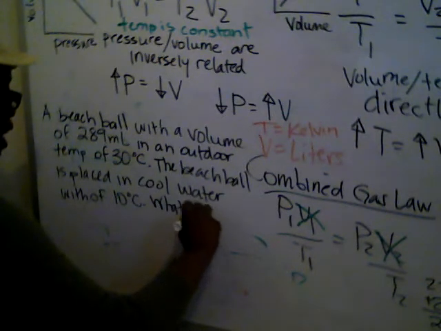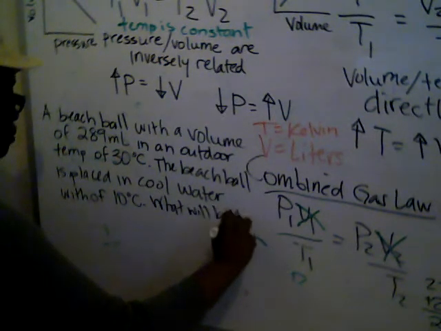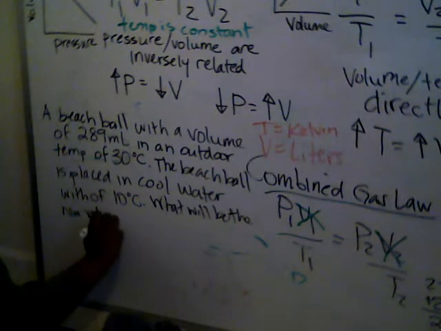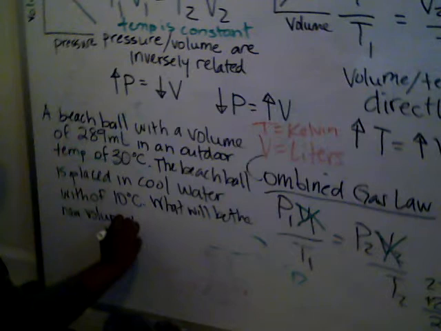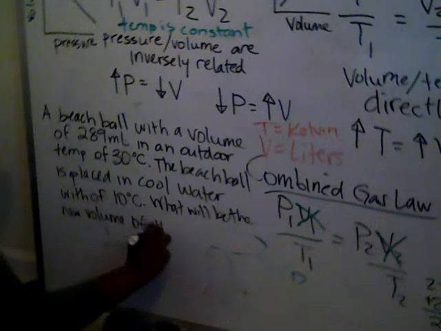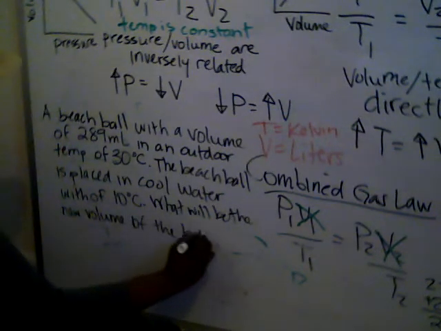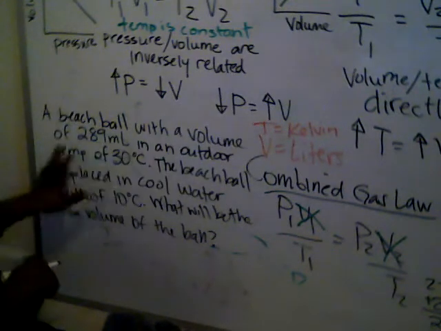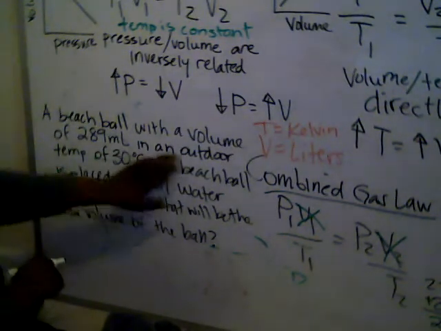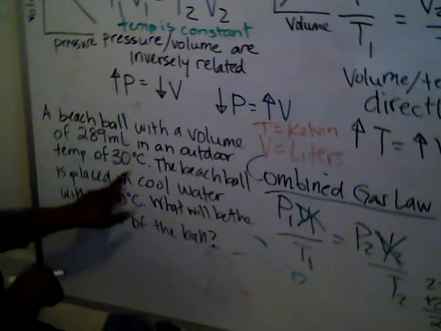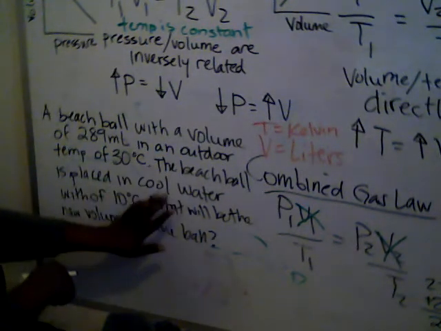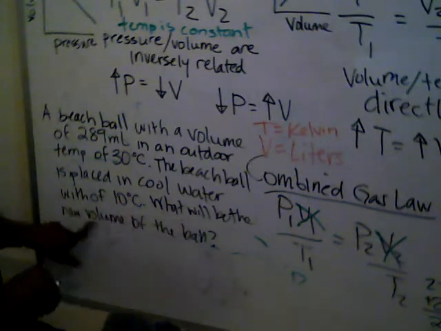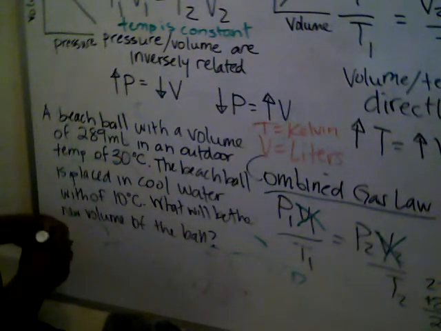What will be the new size, or the new volume, of the ball? So let me reread this. A beach ball with a volume of 289 milliliters in an outdoor temperature of 30 degrees Celsius. The beach ball is placed in cool water with a temperature of 10 degrees Celsius. What will be the new volume of the ball?